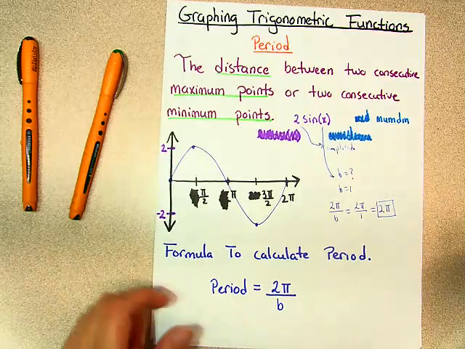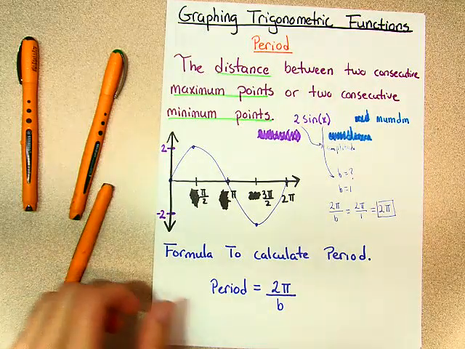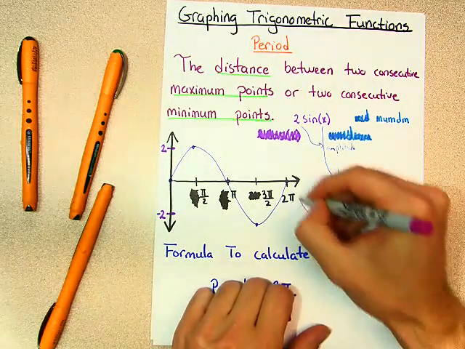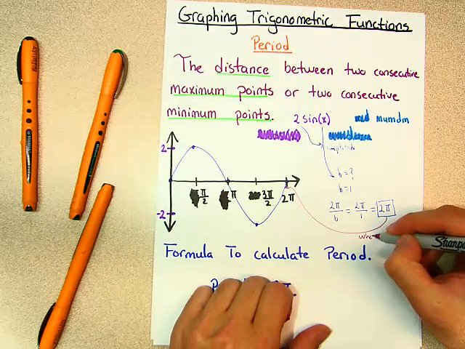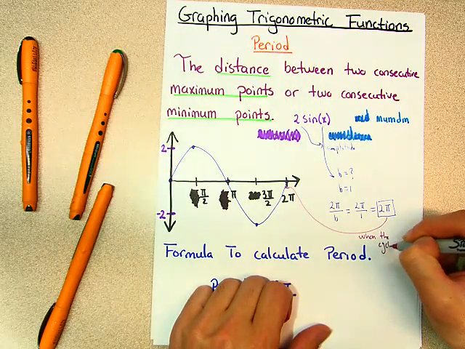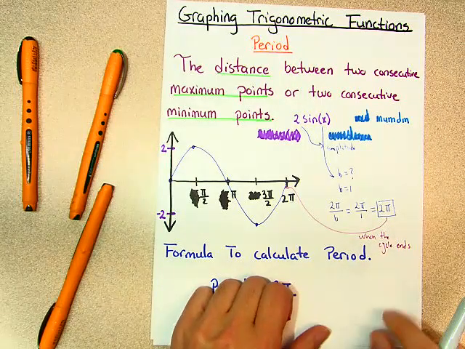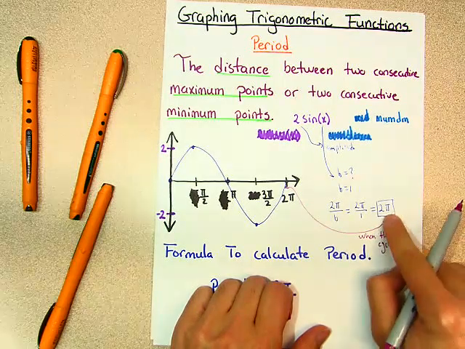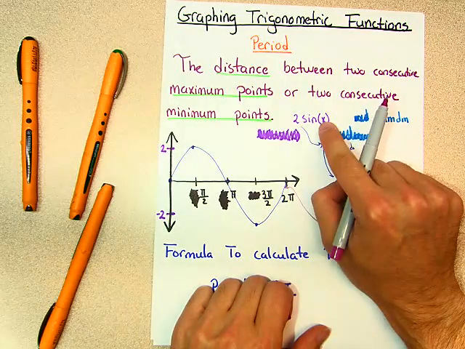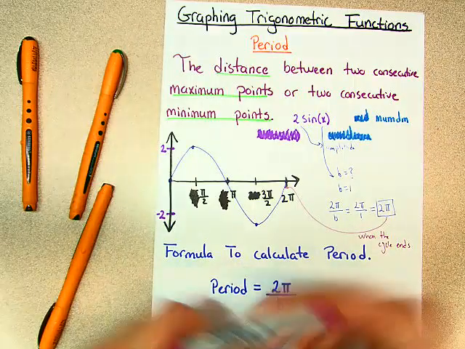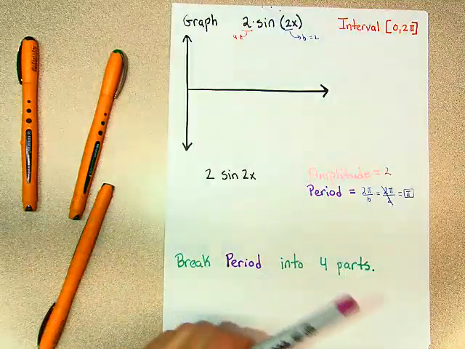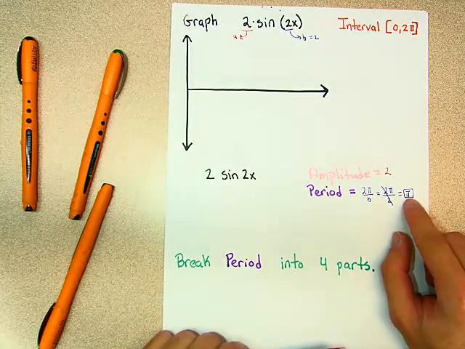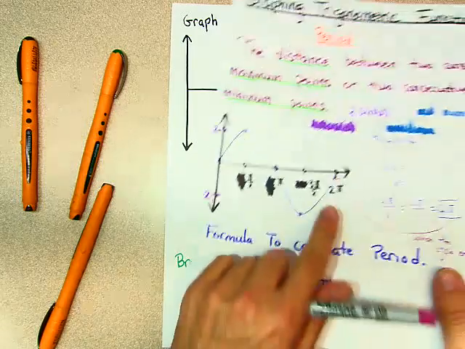This 2 pi represents when the cycle ends. Our sine function ends at 2 pi every time. But now, what's happening is our cycle is changing, it's ending at pi. It doesn't end at 2 pi.